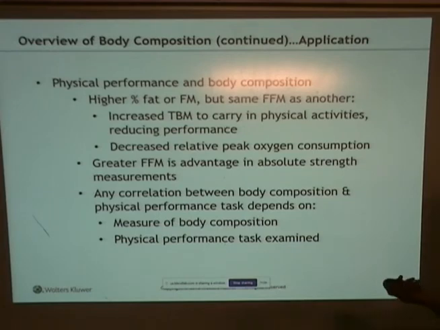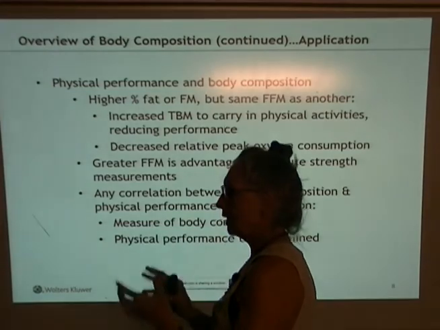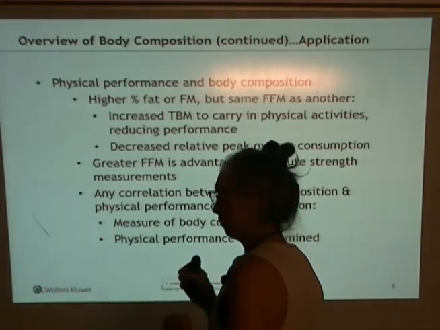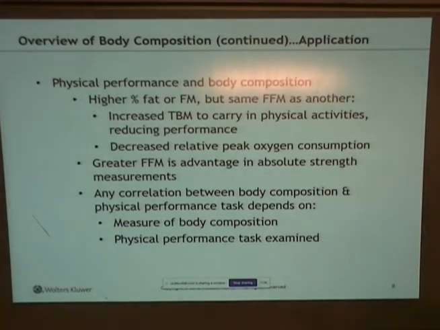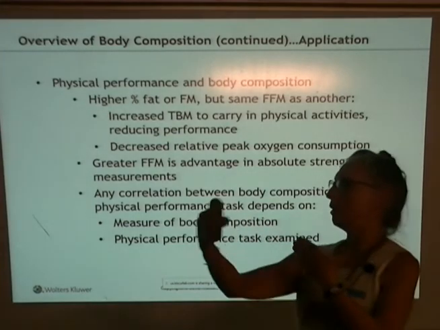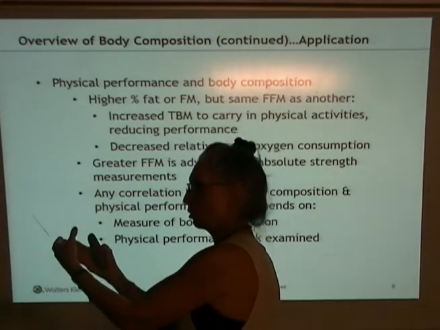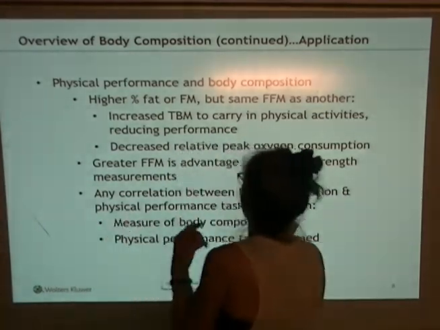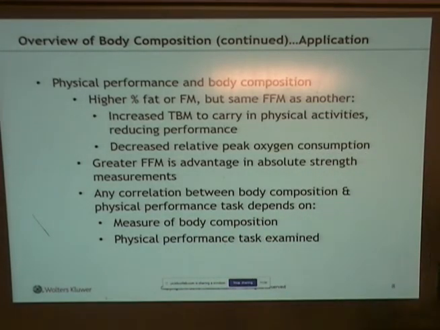Absolute strength events like lifting and things like that, the more fat-free mass, particularly if it's muscle, the better off I'm going to perform. That one's a little more obvious, all right? So the correlation between what I'm made up of and the performance I'm able to achieve depends on what my body composition is like and what the motor task that I'm trying to perform is.